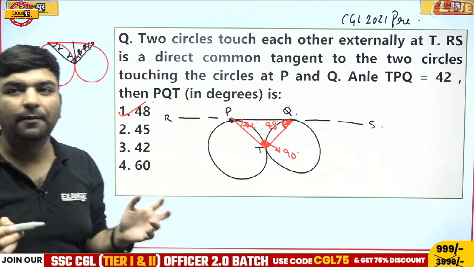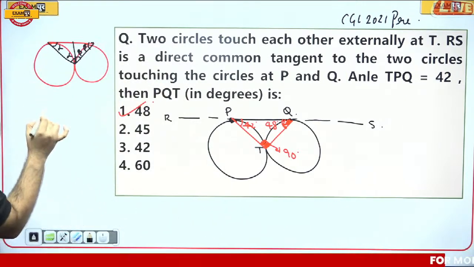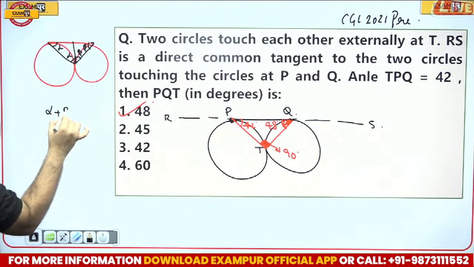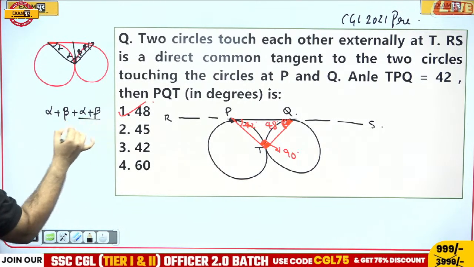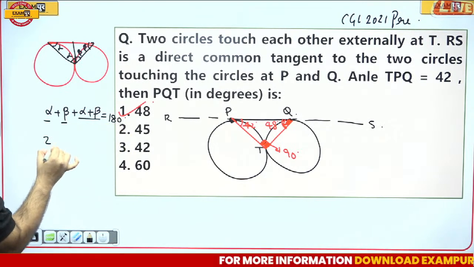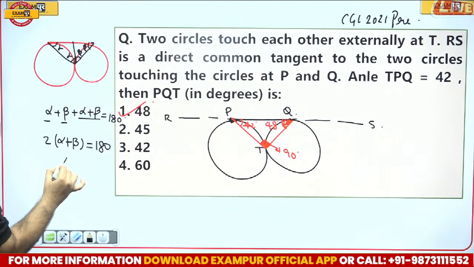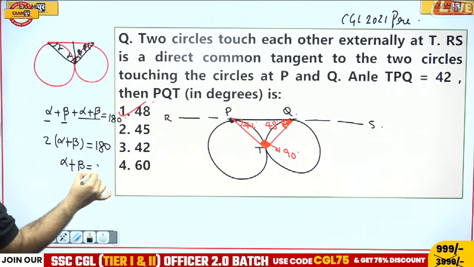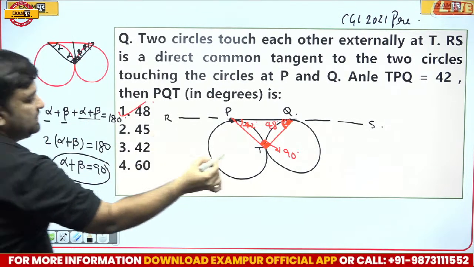Now the triangle is complete. One angle is alpha, another is beta, and the third angle is alpha plus beta. Their sum should be 180. So 2 times alpha plus beta is 180. So alpha plus beta is 90. That combined angle is why this is 90.